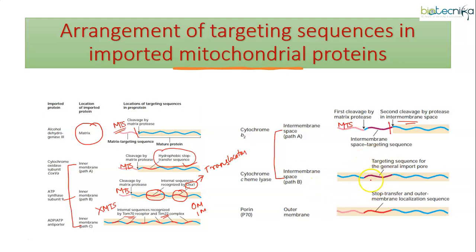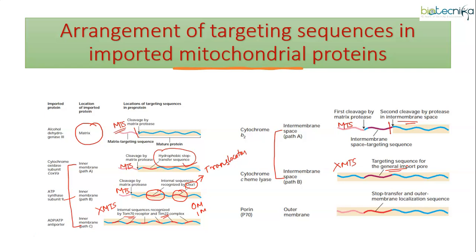The second type of polypeptide that enters into the intermembrane space does not have an MTS. So the targeting sequences directly enter through the general import pore. They are not dependent upon the outer mitochondrial import receptor or the inner import receptor.